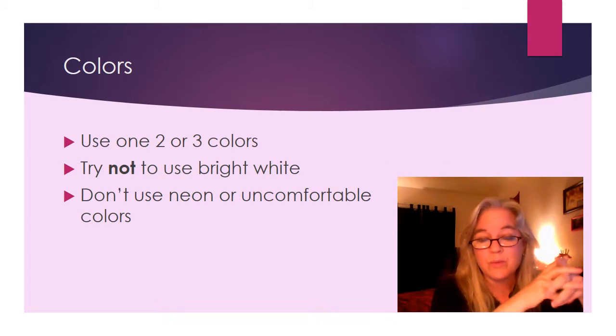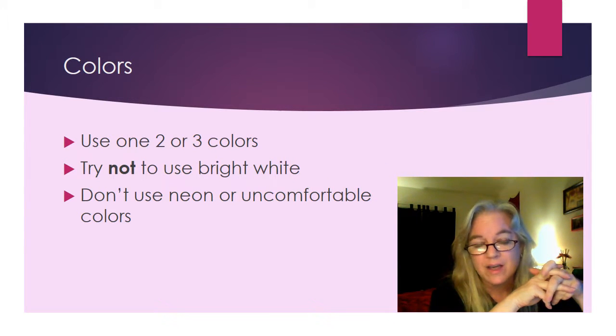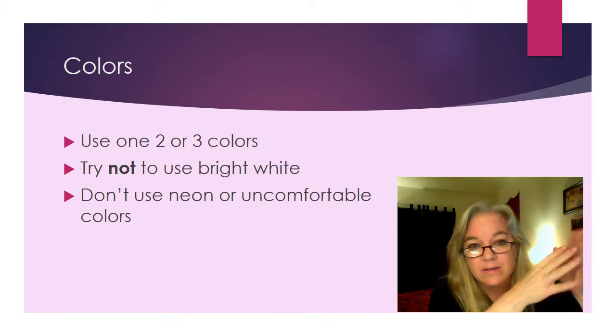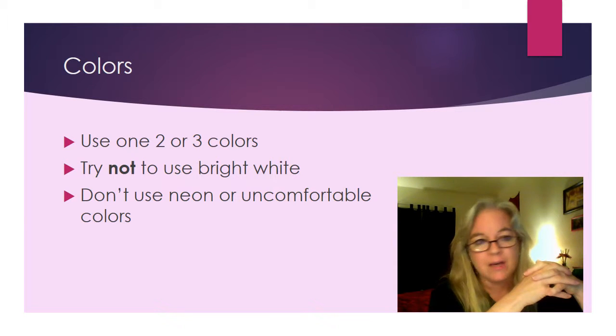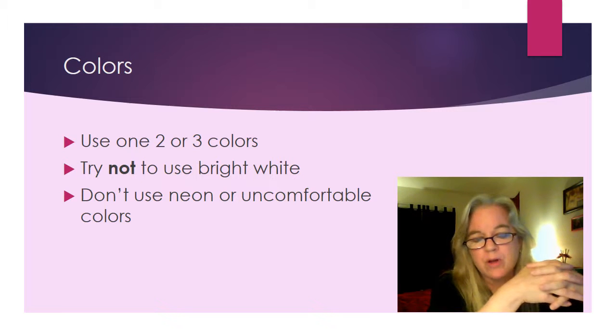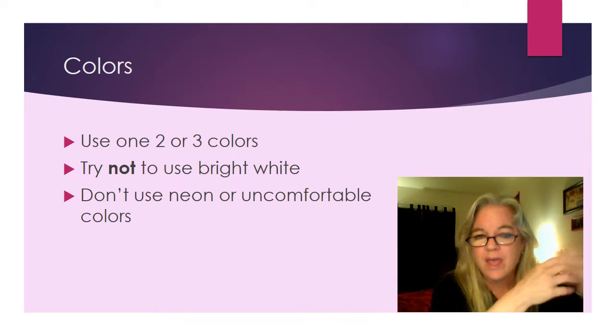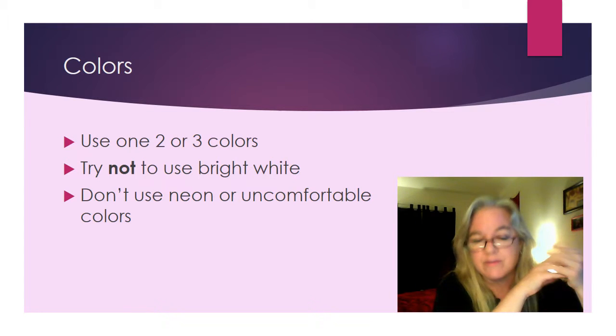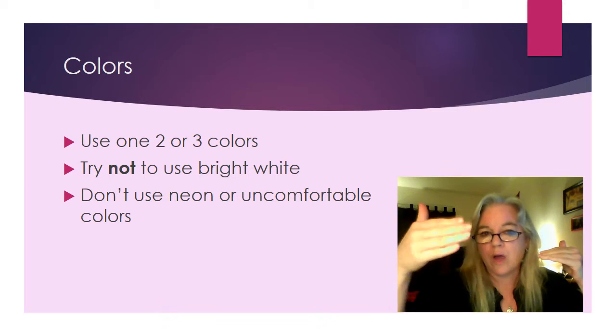The next thing we need to talk about is color. For some reason, people love to use bright white. Don't. Bright white is useful, sure, but you have to remember most people are using this presentation as an accentuation for their own. And when you have bright white, think about those bright white textbooks. They can become difficult to read. And of course, there are people out there that have difficulty reading on bright white screens.